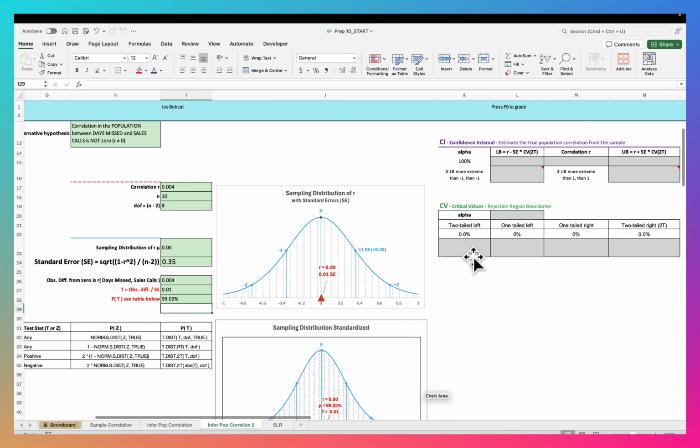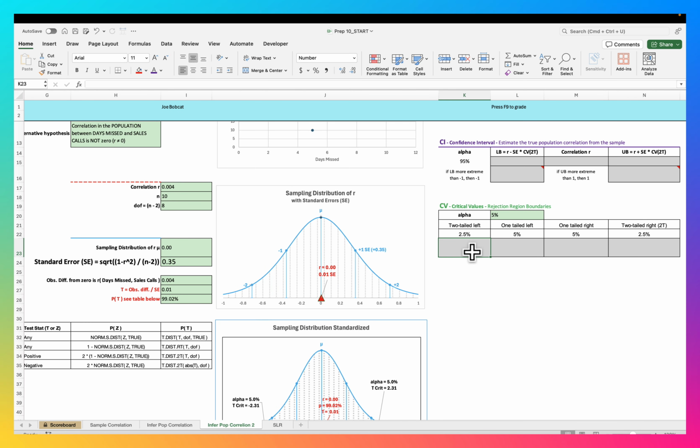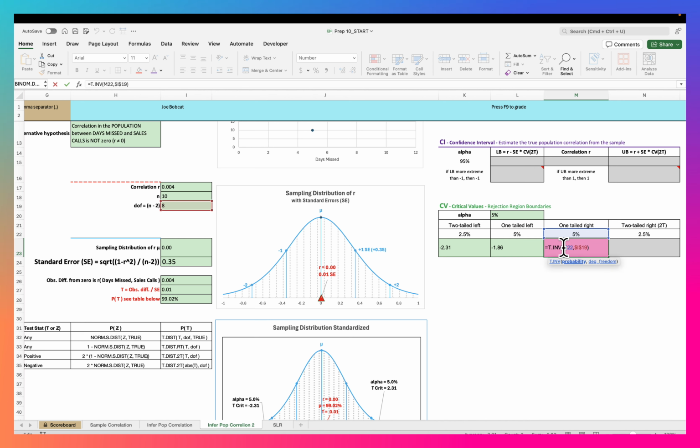But let's go ahead and continue the whole thing. So alpha is 5%. And then this is going to be T.INV of probability and degrees of freedom. Remember, we lock the degrees of freedom to make it easy to copy across. And then over here, we do 1 minus for the right tail.